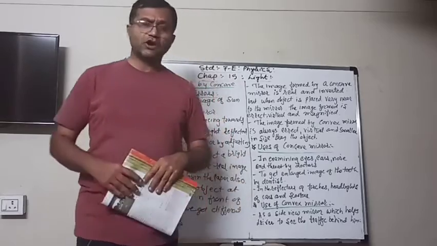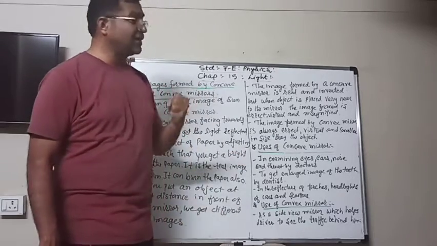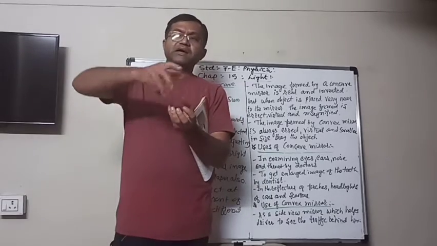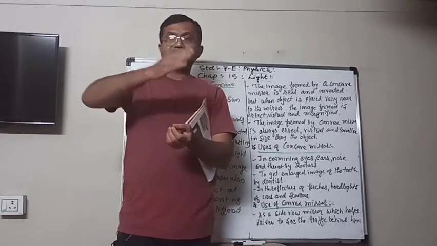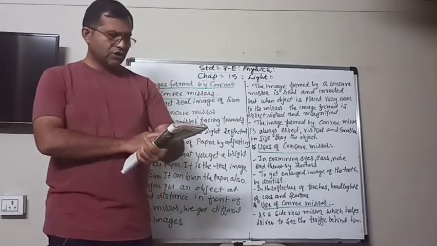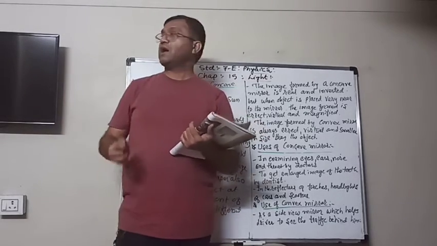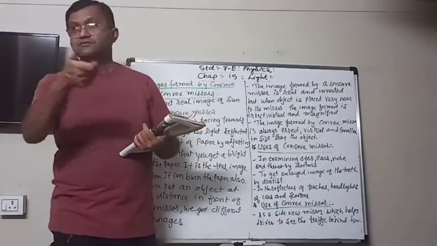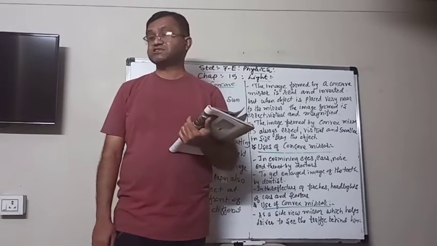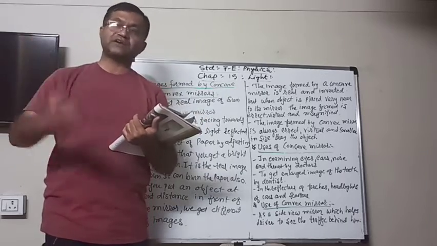Similarly, another use of the concave mirror is in the reflectors of torches. If you take out the upper part of a torch, you will see that there is a concave reflector inside, and that concave reflector can spread the rays far so that the light can go very far, so you can see in the dark. Also it is used in the headlights of vehicles like cars, bikes or trucks.